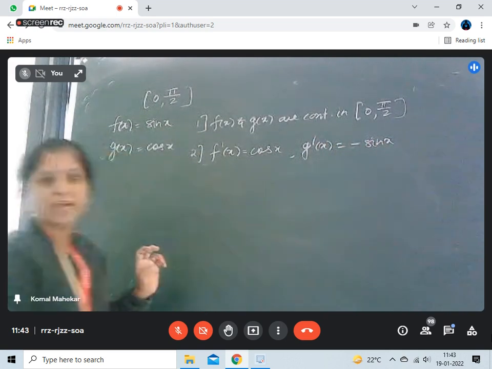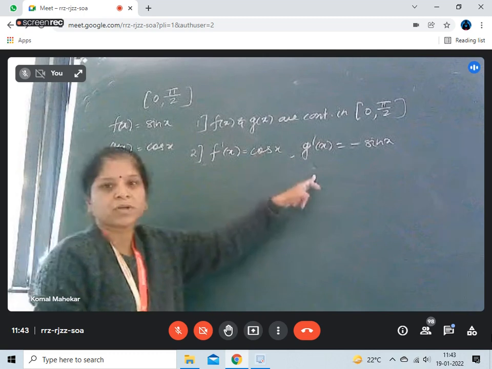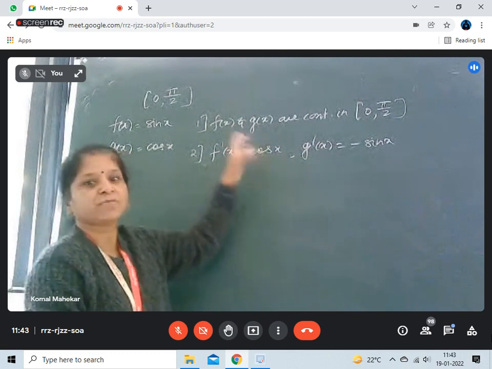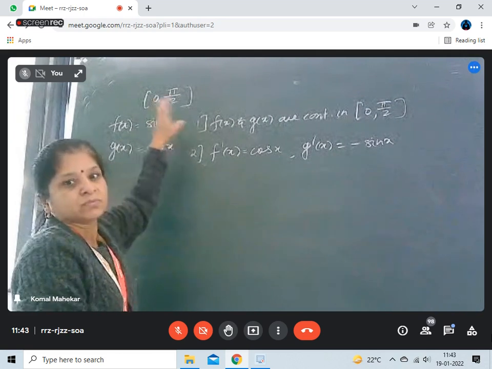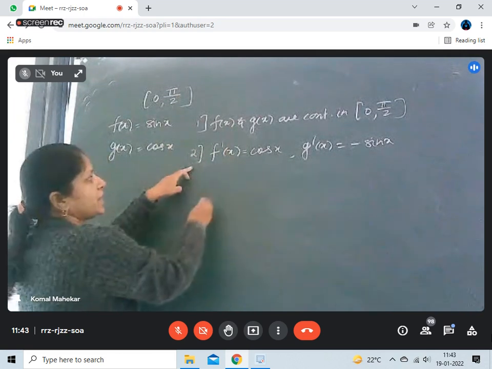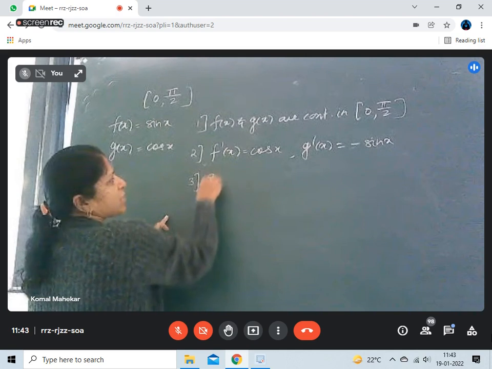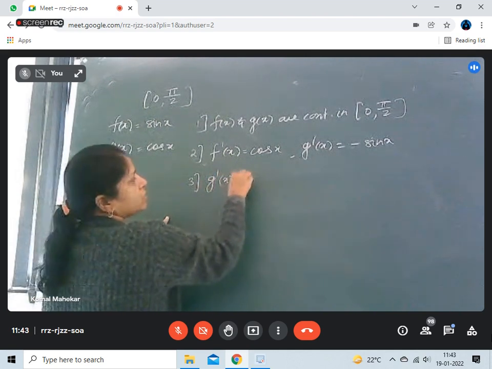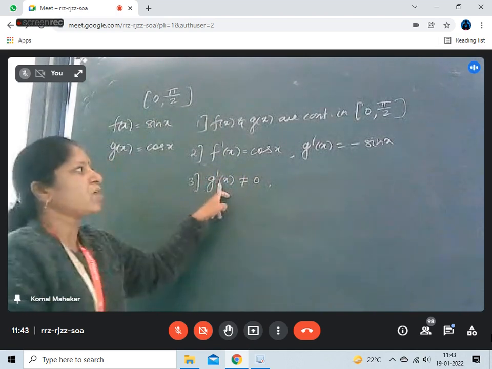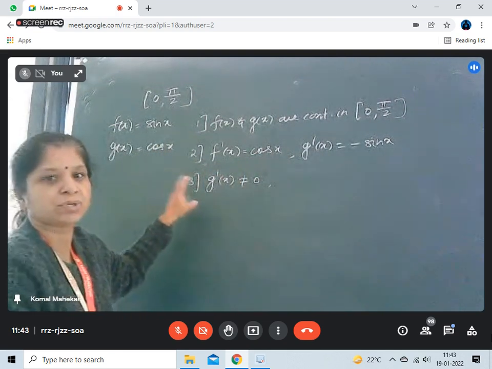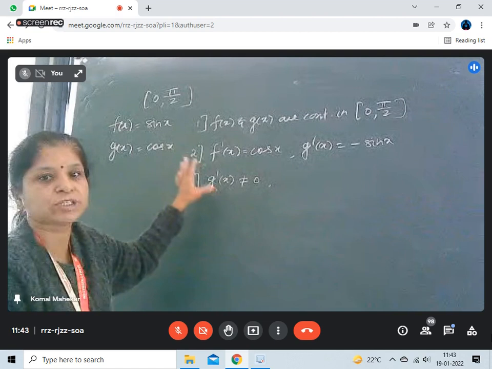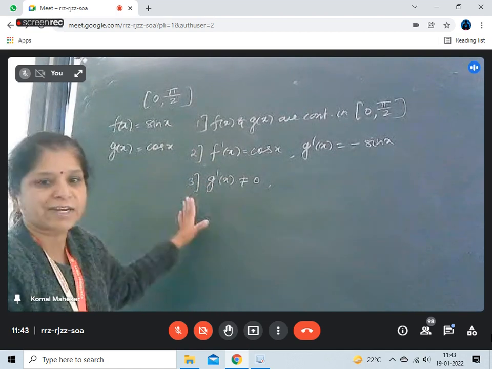This derivative is finite for any value between 0 and pi by 2. The third condition is that g'(x) is not equal to 0. The derivative of the second function is non-zero. So all three conditions of Cauchy's mean value theorem are satisfied.